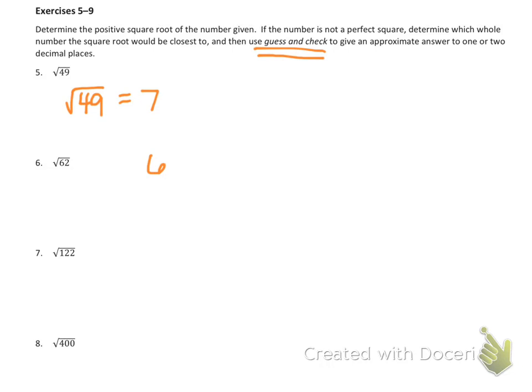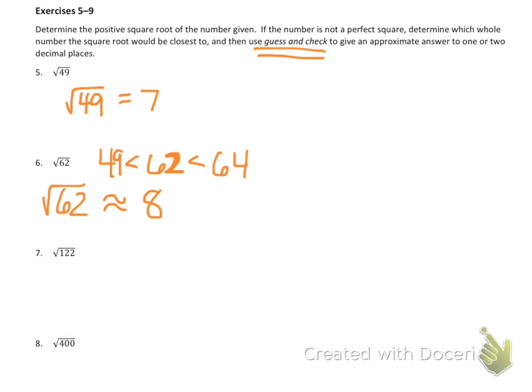So 62 is between 64 as a perfect square, and then the one smaller than that, 49, would be the next closest. 8. We could get it to greater precision than that, though, right?